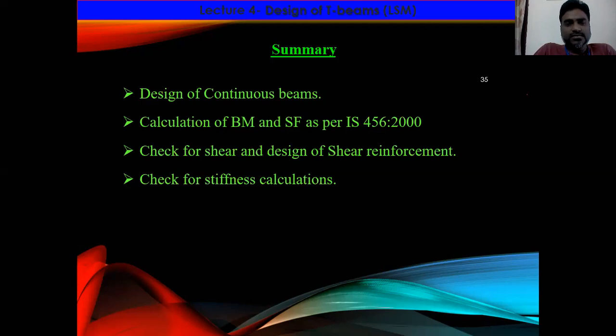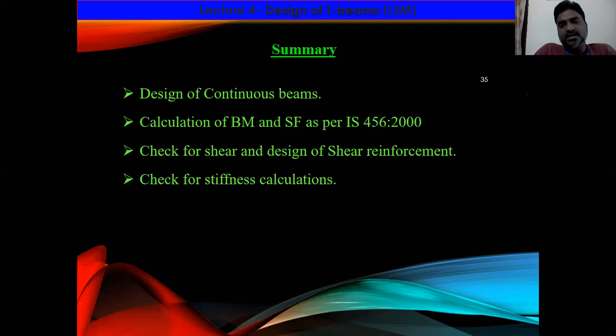Corresponding to that, we checked our dimensions. That means the depth required is calculated, and our depth required is less than the depth provided, and it is safe. Then we calculated the bending moments, span moments and support moments separately.